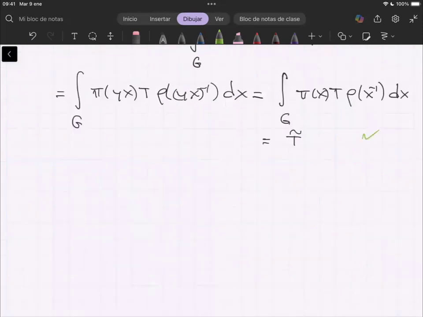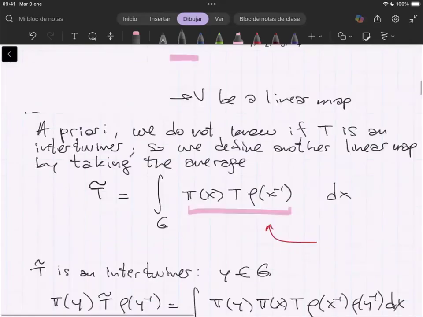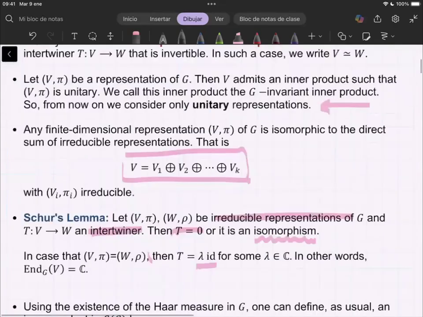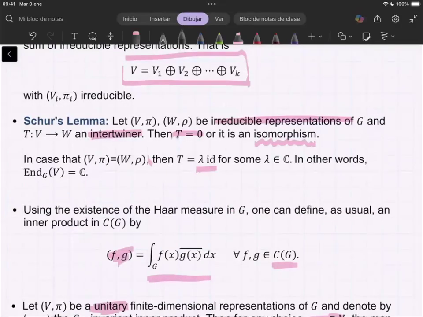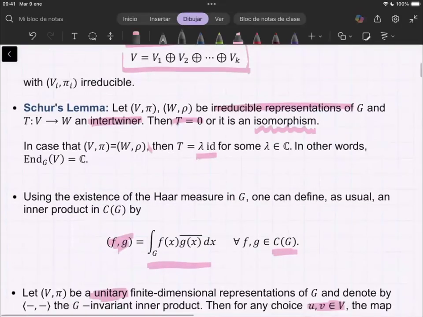So what we know is that T tilde is an intertwiner. So we go up and say, okay, it is an intertwiner between two representations, which are isomorphic or non-isomorphic. So by Schur's lemma, T tilde is 0 or an isomorphism.